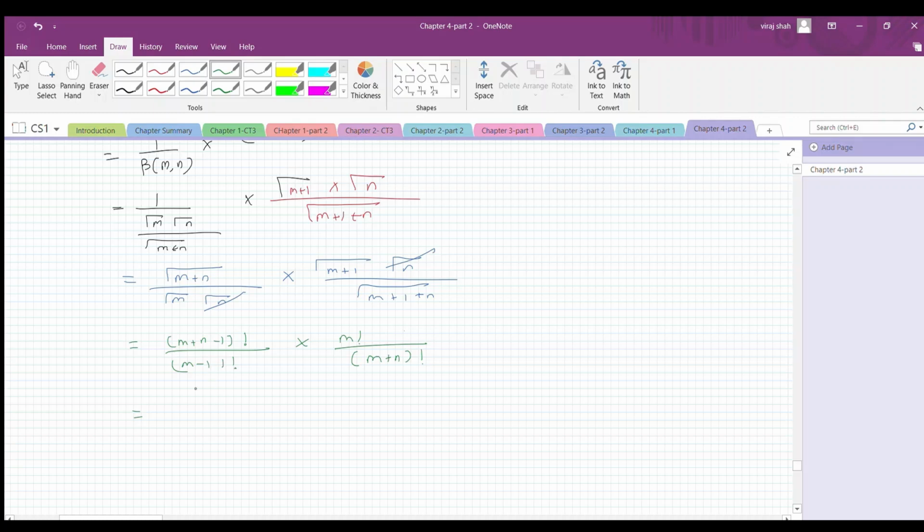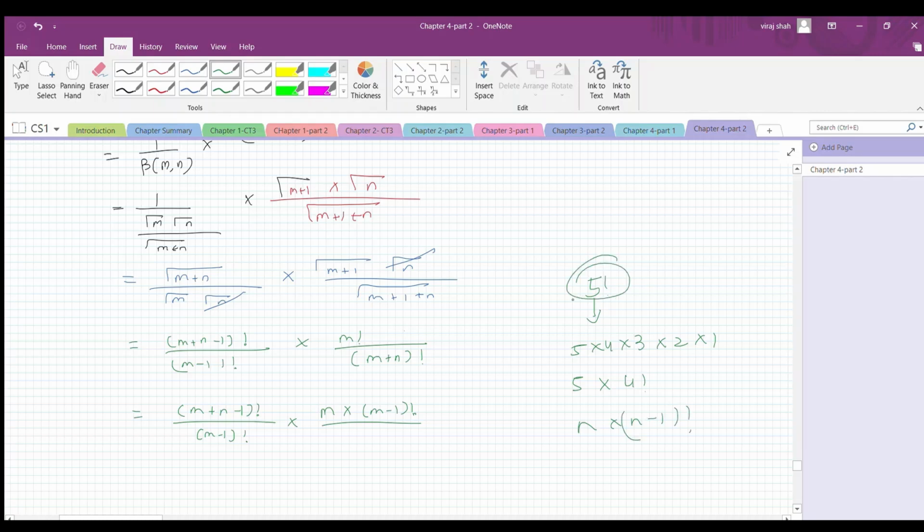Now I can simplify. Let me write this as it is, the first term. I can write m factorial as nothing but m into m minus 1 factorial. What was my example? 5 factorial is nothing but 5 into 4 into 3 into 2 into 1, which is nothing but 5 into 4 factorial. I can say that n into n minus 1 factorial, right?